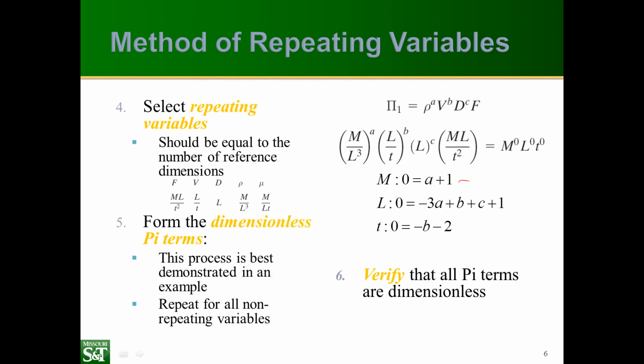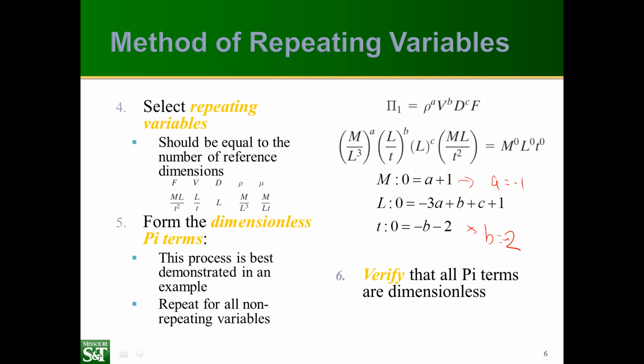For instance, if a plus 1 is equal to 0, then we know that a is negative 1. And if negative b minus 2 is equal to 0, we move b over, and we can see that b is negative 2. So here a is negative 1, b is negative 2.